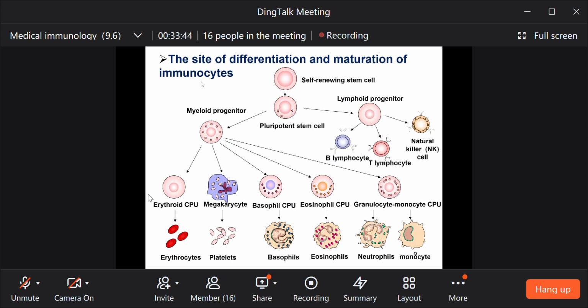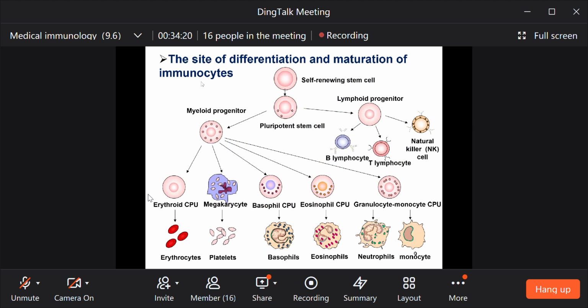We can see that after the lymphocytes emerge, the cells will self-renew the stem cells and differentiate into pluripotent stem cells, and these cells are divided into two kinds of cells.